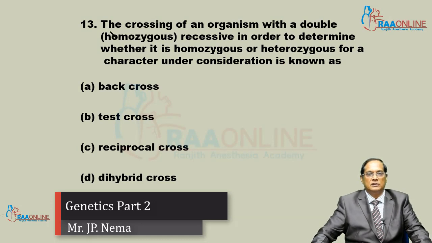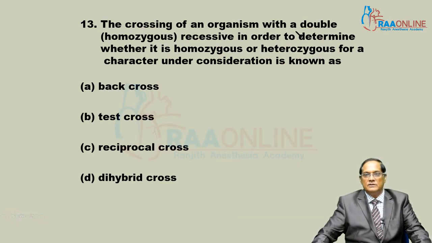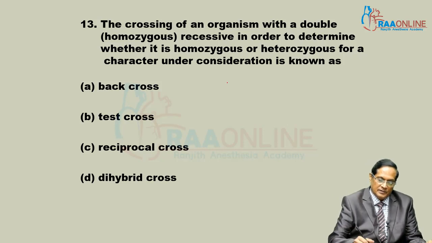13th question. Crossing of an individual with a double homozygous recessive plant, that is, small t, small t, small v, small v.